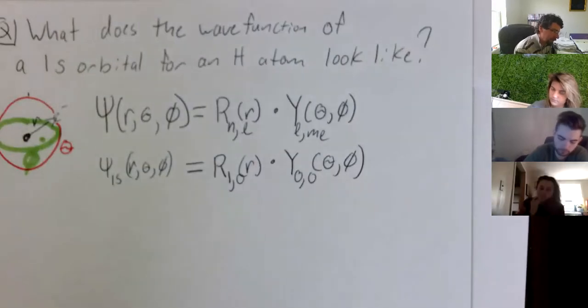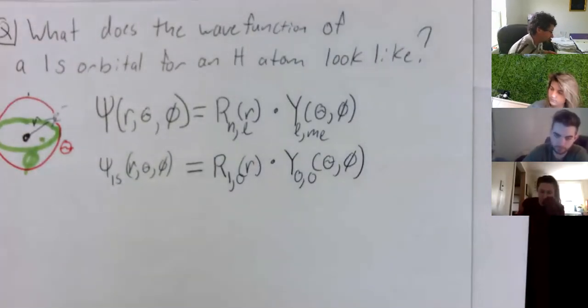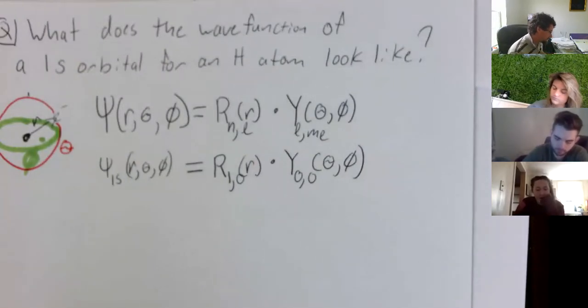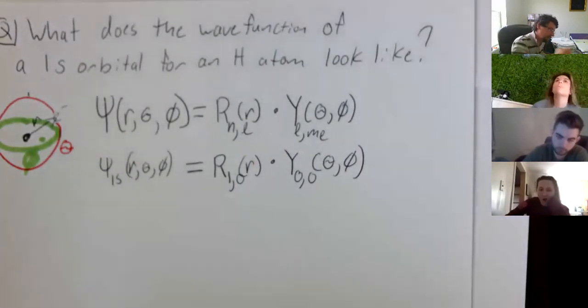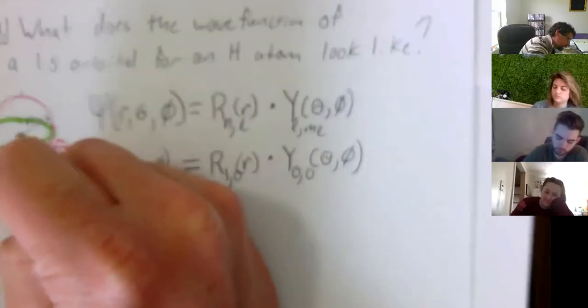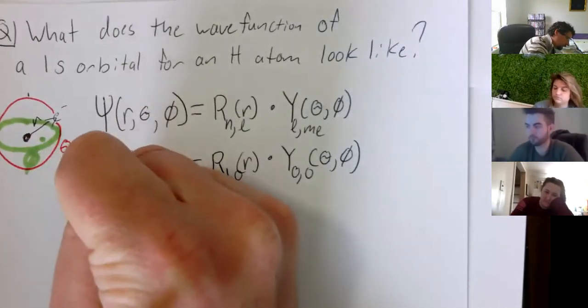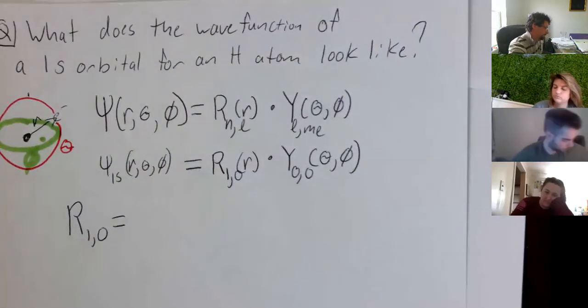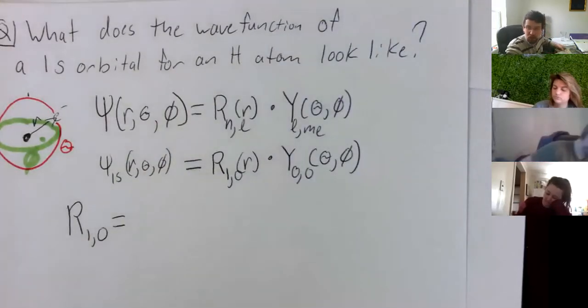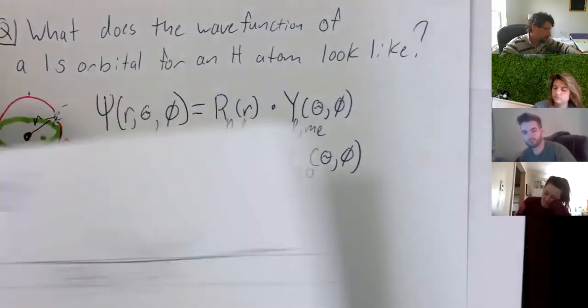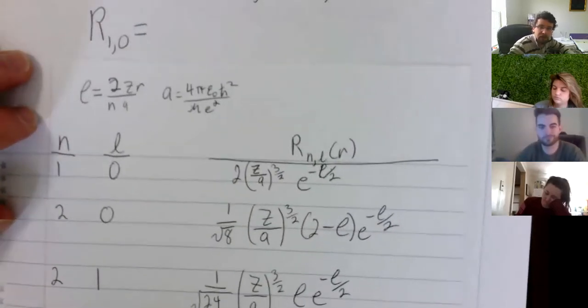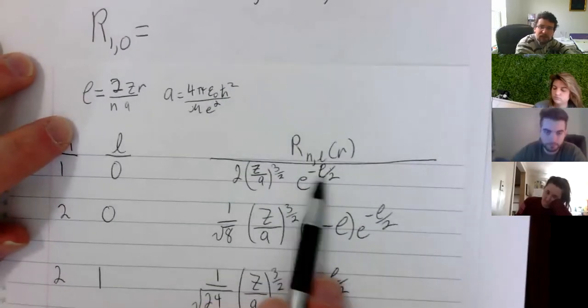Okay, so we have to look these things up in our table. Let's look up the radial part first. That's where we would have to go to a table. Luckily, I have one right here. So we need this expression.